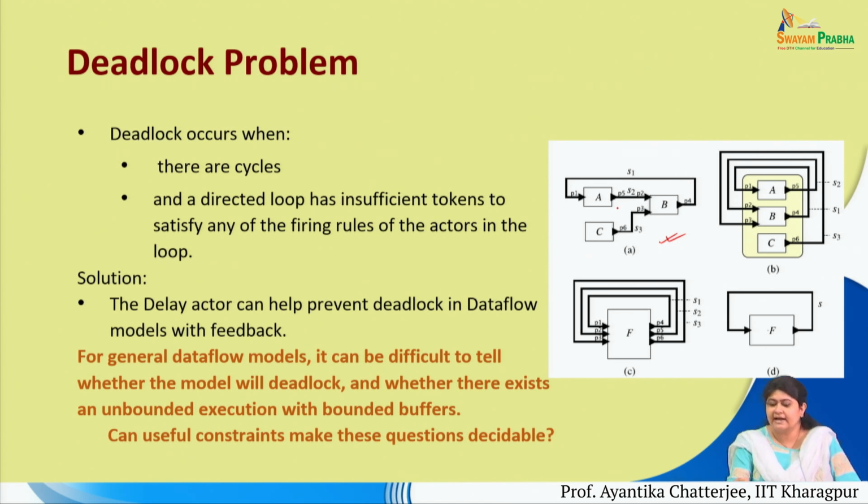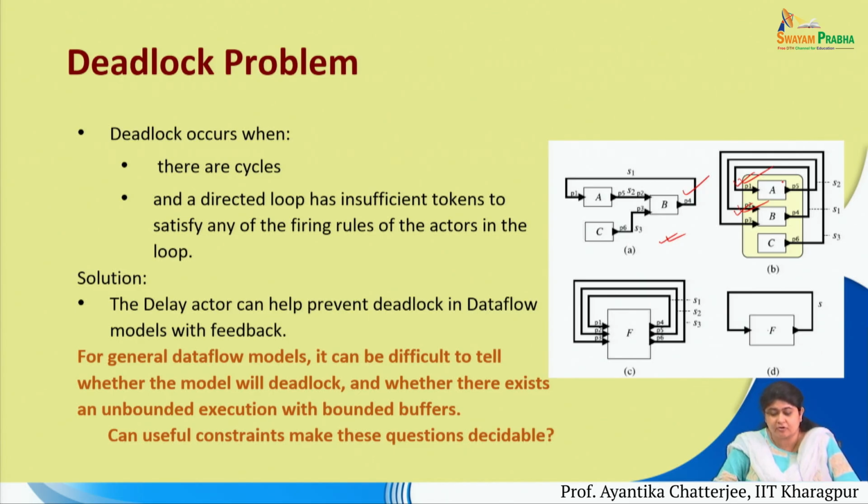Now this can happen in any feedback scenario. Here also you can see this B output is acting as an input to this actor A. Again this A output is acting as an input to this B. So if this situation is not handled properly, then there is a possibility of complete deadlock.